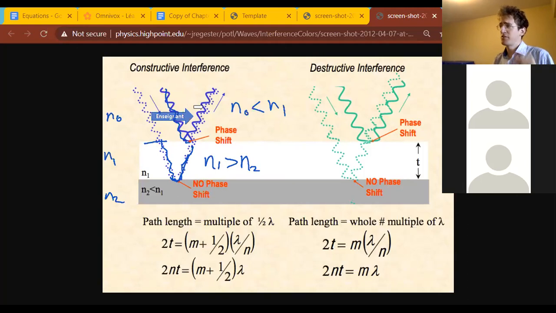So the conditions for constructive and destructive interference now get flipped. If the path length is now a half multiple, that makes constructive interference. And if the path length is an entire multiple, that makes destructive interference. What determines whether they construct or deconstruct is again the path difference.